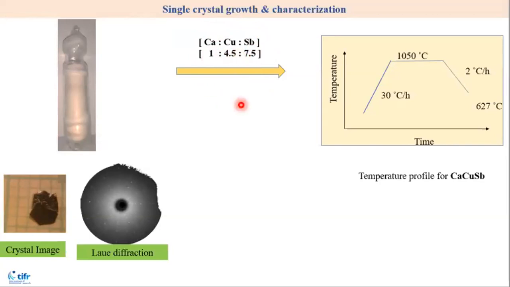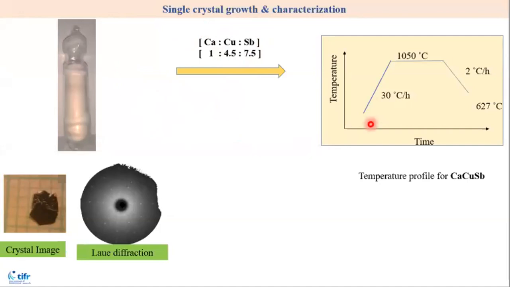So crystal growth is not an easy job. If you take some other composition, you may not get the crystal, so you have to make a good trial to get the proper composition. For that, we employed a different temperature profile.